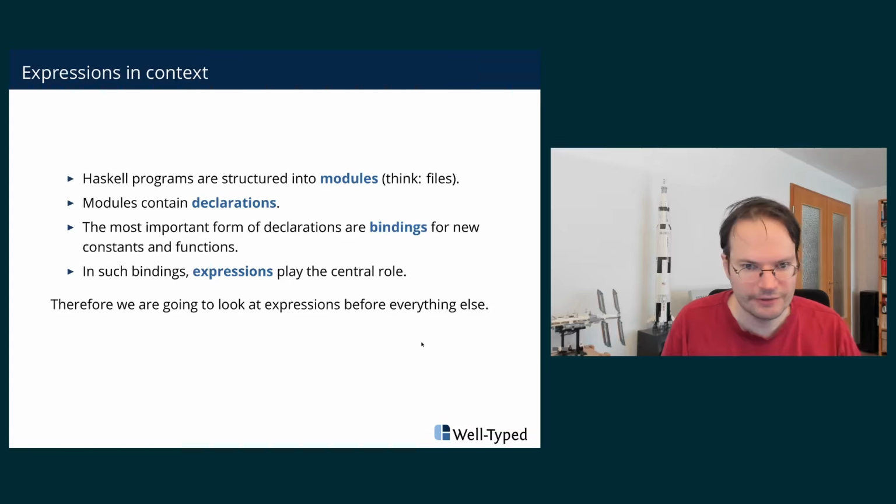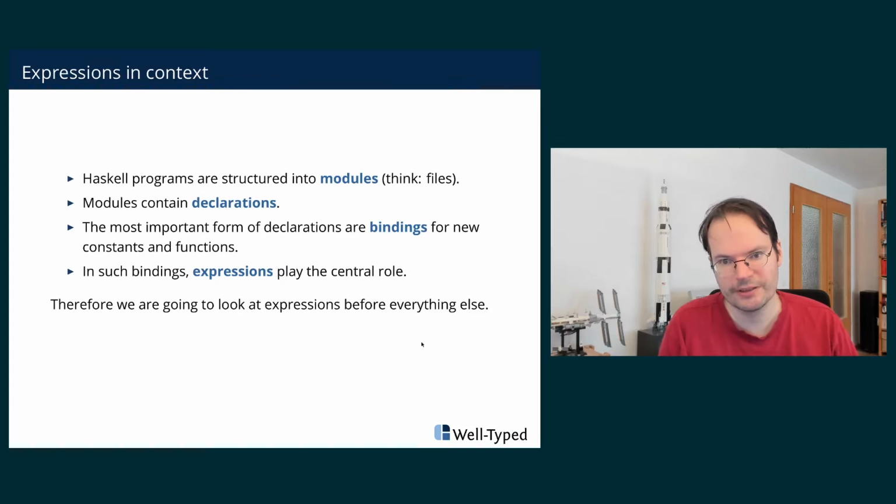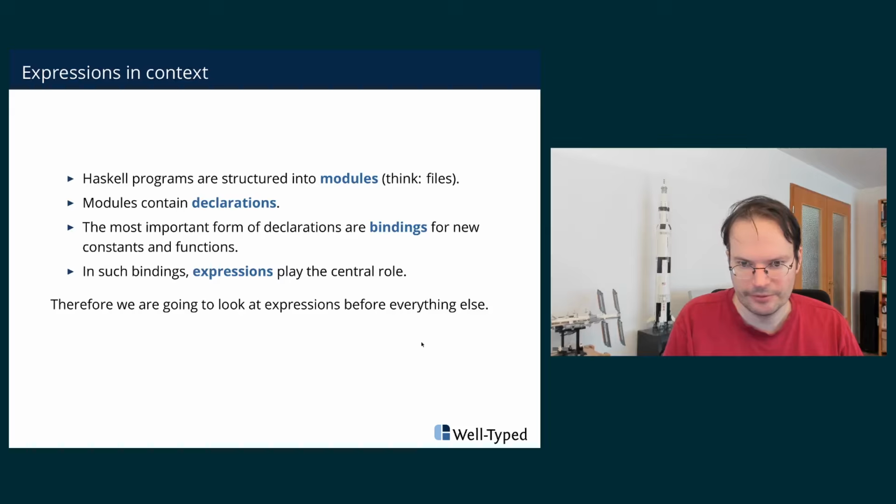Every file typically contains one Haskell module. In the beginning, we're mostly going to work with single files and single modules, but even such programs, technically speaking, consist of multiple modules because you're always using libraries in the background, and these Haskell libraries are other Haskell files that are already installed on your machine. So in principle, your Haskell program is always made up of multiple modules.